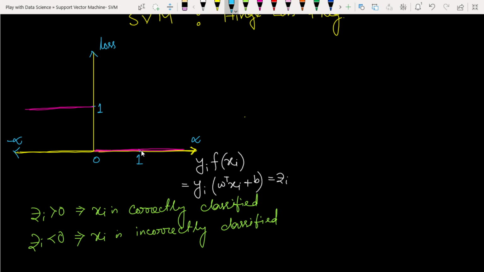If zeta is greater than 1, then our loss function is 0, that is, correctly classified.